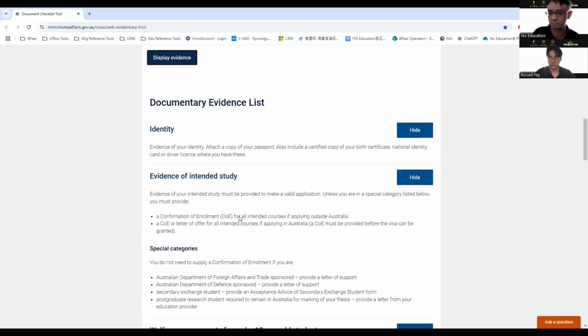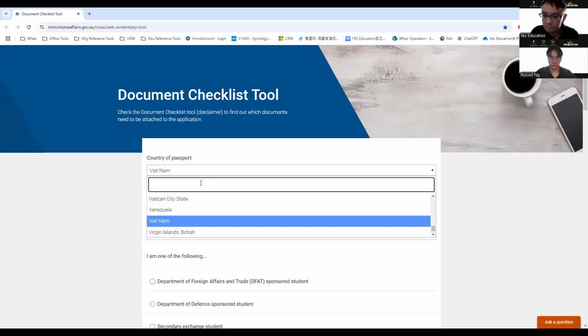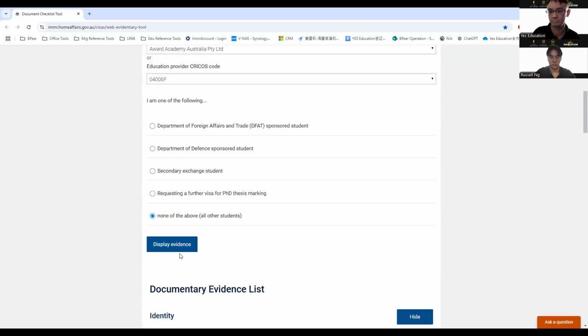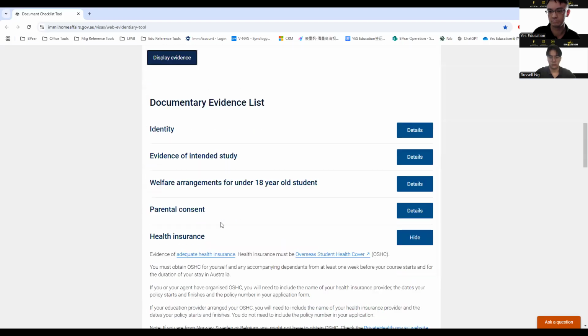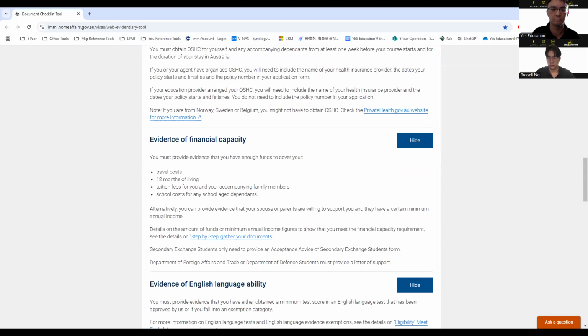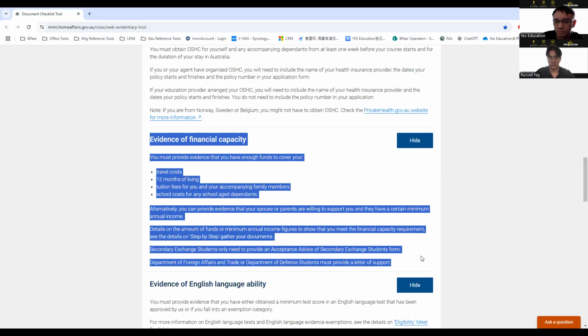Actually, no. Okay, we'll change the country. Change to the highest risk country, Afghanistan. There should be one. Yeah, it's here. The evidence of financial capacity. With high risk countries, there will be mandatory financial capacity evidence needed for the application.